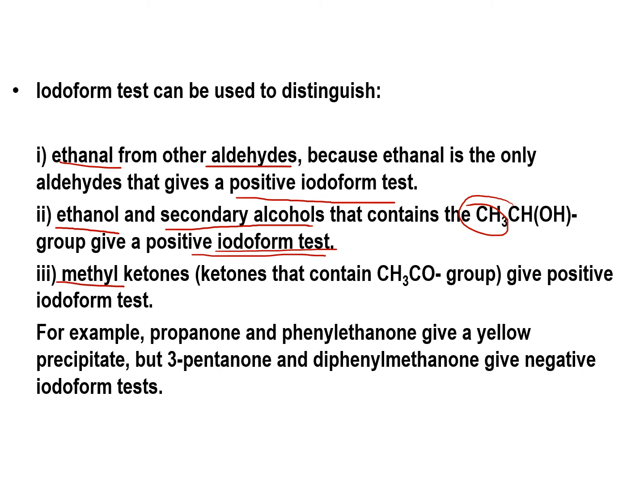Third, methyl ketone gives a positive iodoform test. As I mentioned, as long as you have a methyl group next to the functional group, it will form a positive iodoform test.